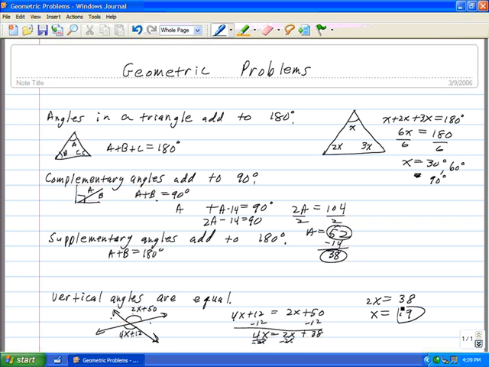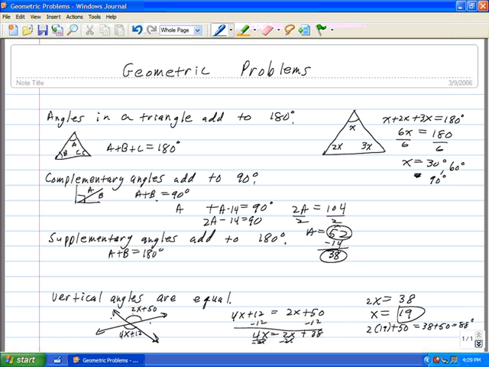And to find the actual value of these angles, I would have to substitute the 19 back in for one of the x's. So substituting it back in, I've got 2 times 19 plus 50, which is 38 plus 50, which is 88. So these two equal angles measure 88 each.